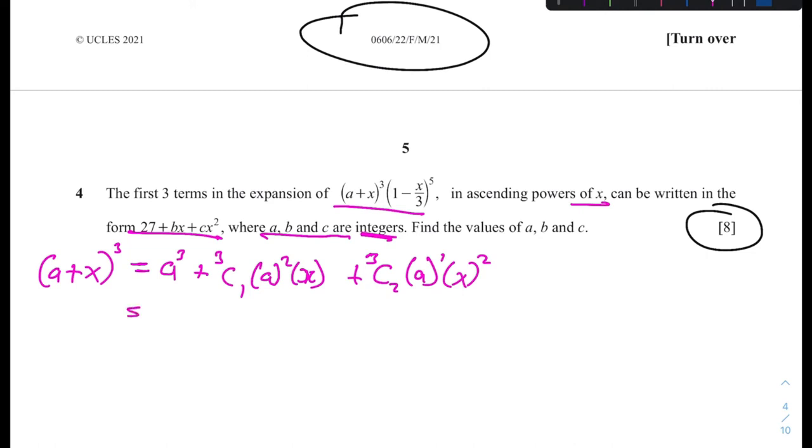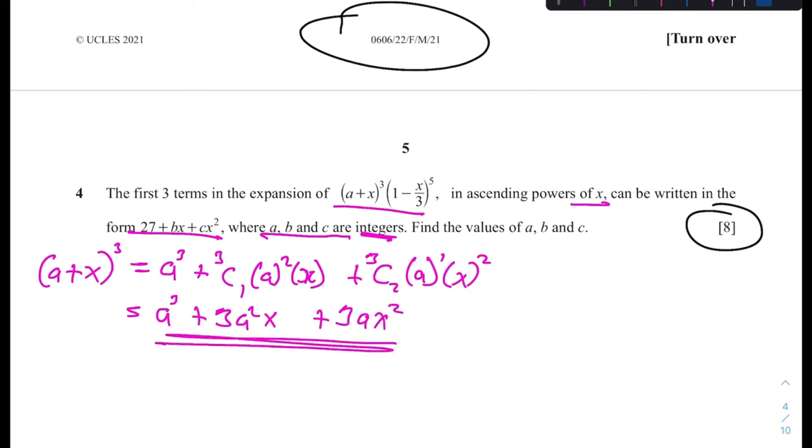These are the first 3 terms. So just simplify it. You have your a³, 3 combination 1 is 3, so you have 3a²x, then 3 combination 2 is also 3, then you have ax².